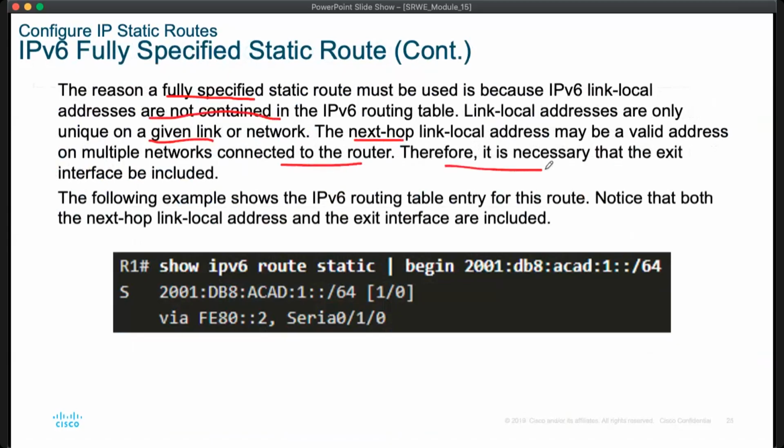Therefore, it is necessary that the exit interface be included. The following example shows the IPv6 routing table entry for this route. Notice that both the next-hop link-local address and the exit interface are included as well.